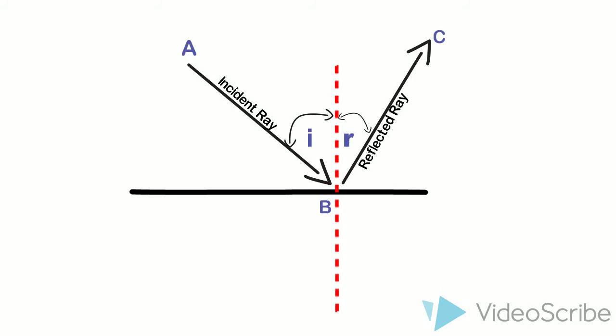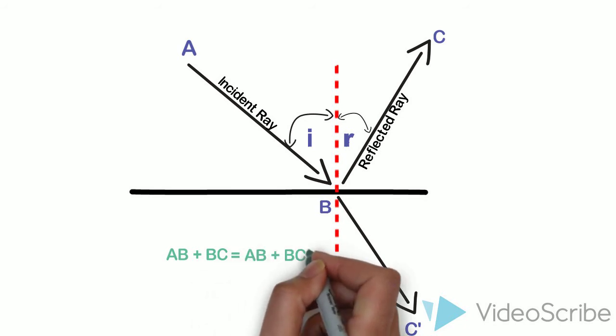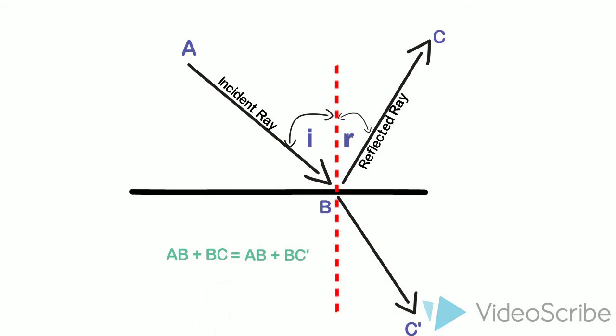Now as we know that light always takes the quickest path, our aim here is to make AB plus BC as short as possible. So how do we do that? Well, I want you guys to visualize this in a different way. We will reflect the point C along the reflecting surface to obtain C dash. Now, AB plus BC can be rewritten as AB plus BC dash because BC and BC dash are equal.